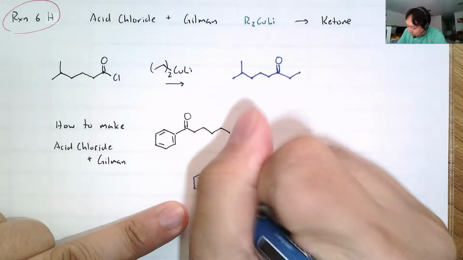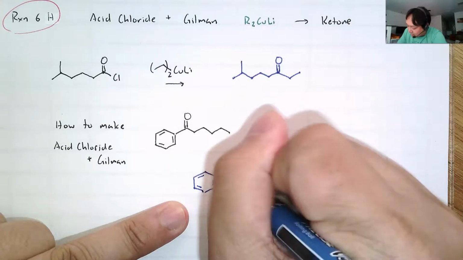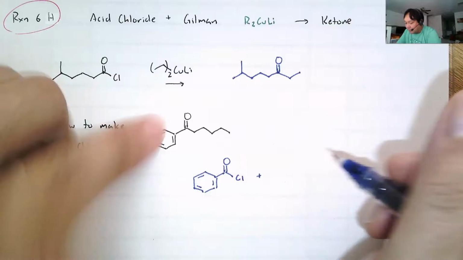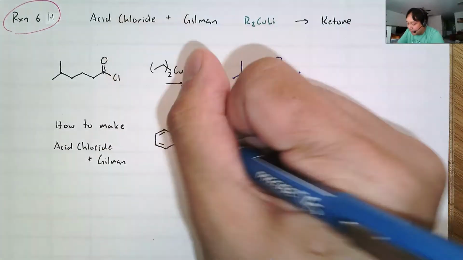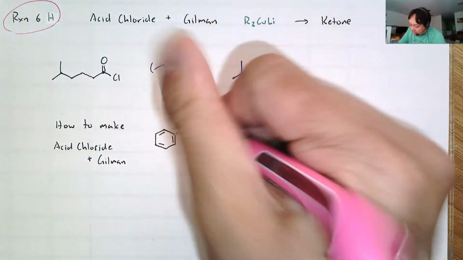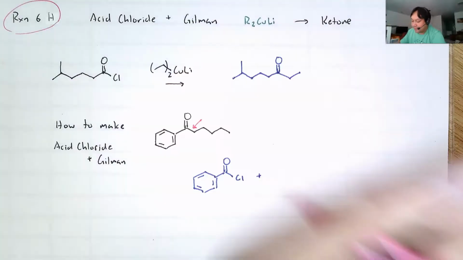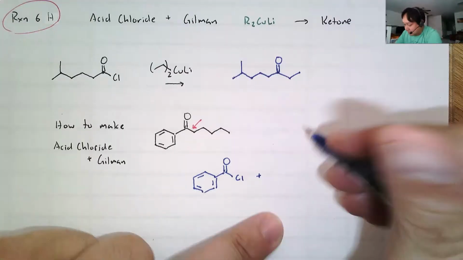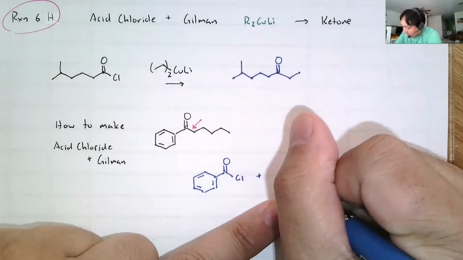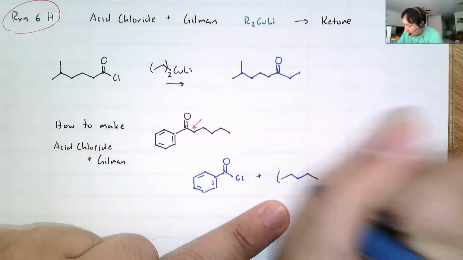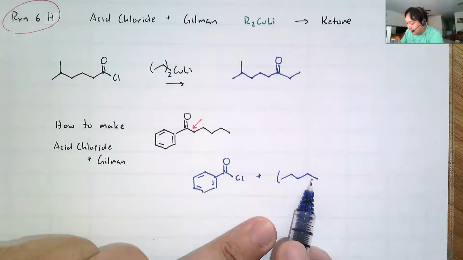I'll make the acid chloride the stuff on the left. And the Gilman has 1, 2, 3, 4, 5 carbons, and your point of attachment is right here. So, within the parentheses, I need to have 5 carbons. Don't put the parentheses here, because there will be only 4 carbons inside.